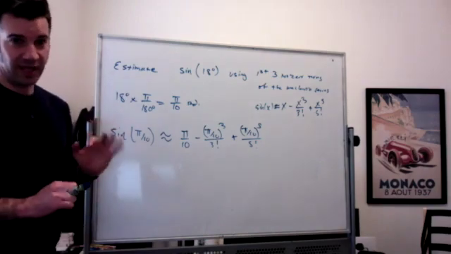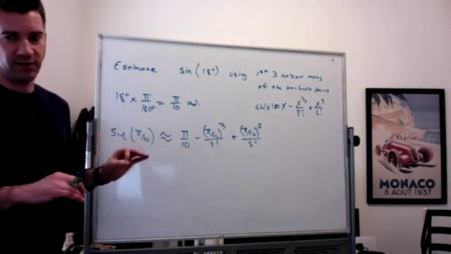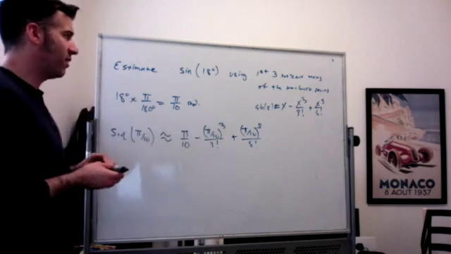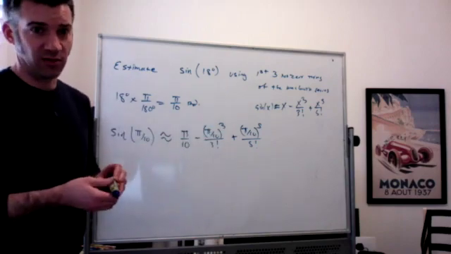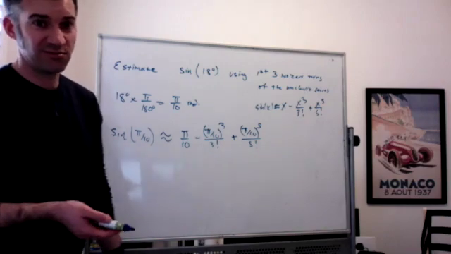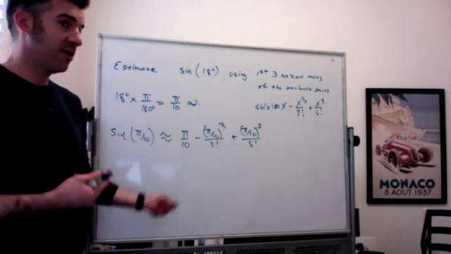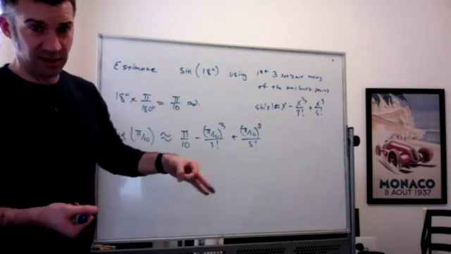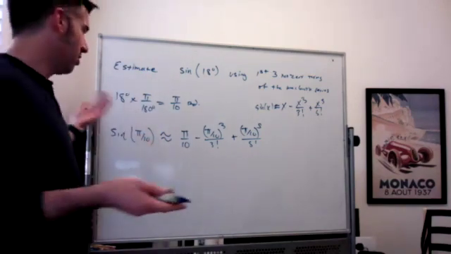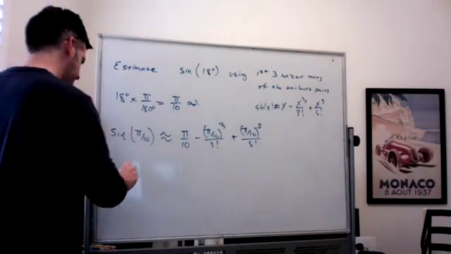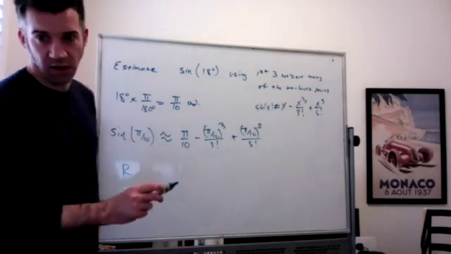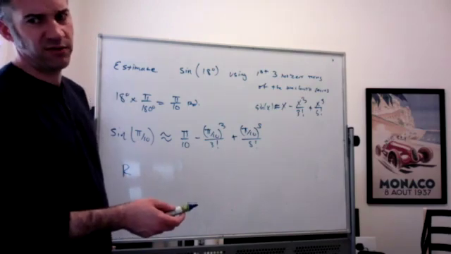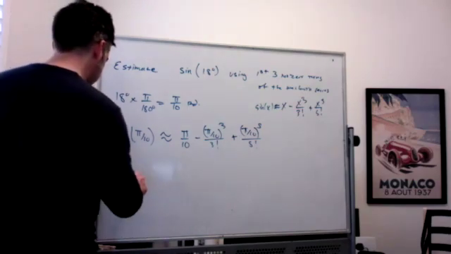Now, here's the thing. We often try to get out of doing anything too terrible. And this is alternating. So instead of finding the derivative and using the Taylor remainder estimation theorem, we'll be like, oh, it's alternating. Alternating series, the remainder, I think it's R5.